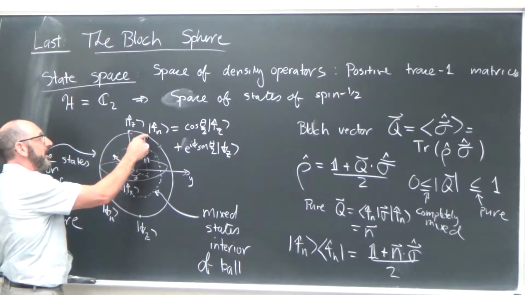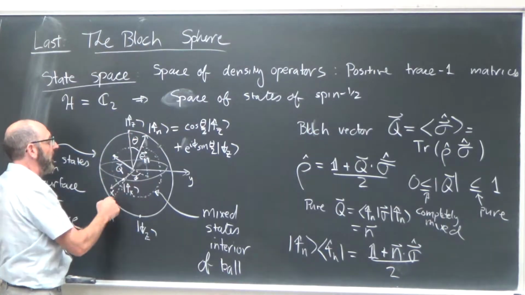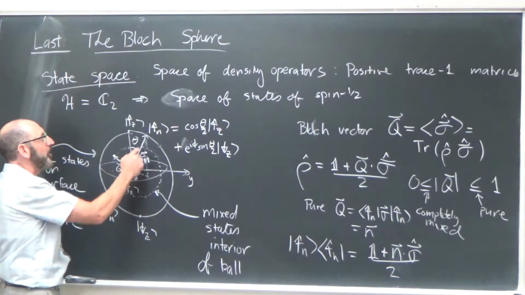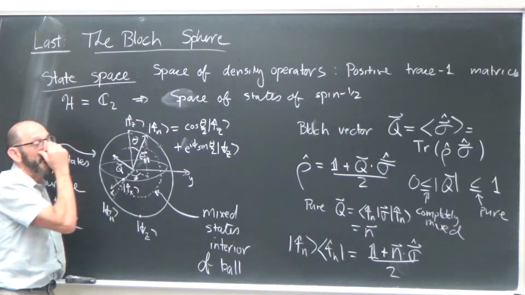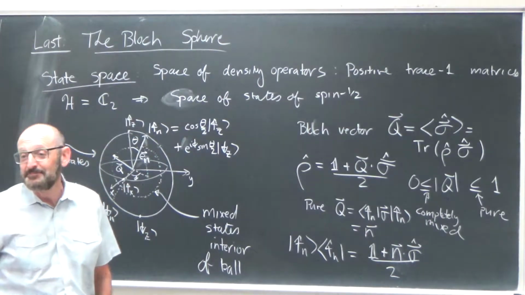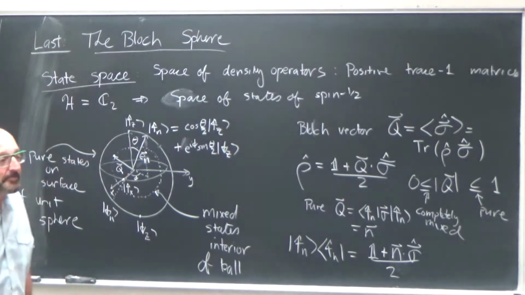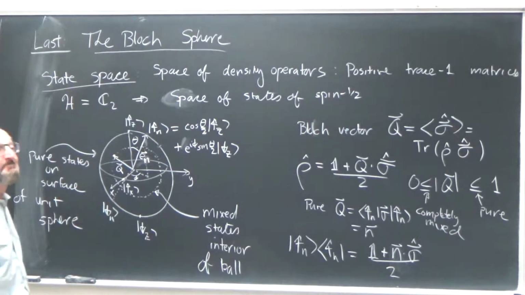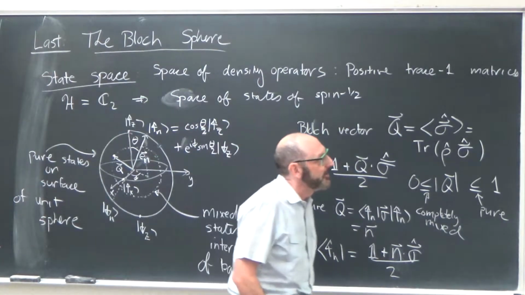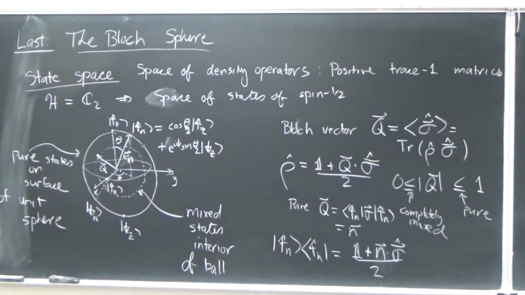is that, for example, states that are antipodal, on opposite sides of the sphere, are orthogonal in Hilbert space. So, you know, we have this general rule.